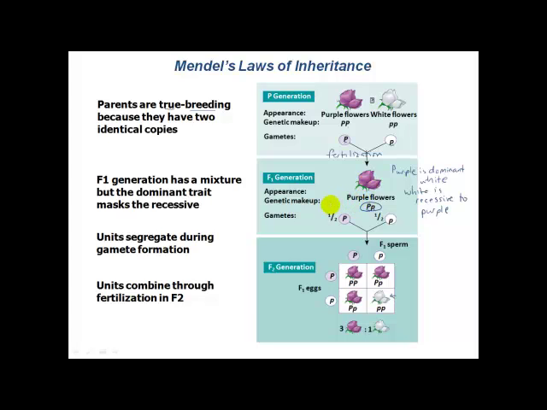Well, we have to remember that we're starting with a diploid plant, but meiosis separates these two alleles from one another, and so we're going to end up with gametes that have either the purple allele or the white allele, but not both, right? Haploid gametes. And so in this case, we have two possible gamete types that can be produced. Half of them are going to have the purple allele, half of them are going to have the white allele.